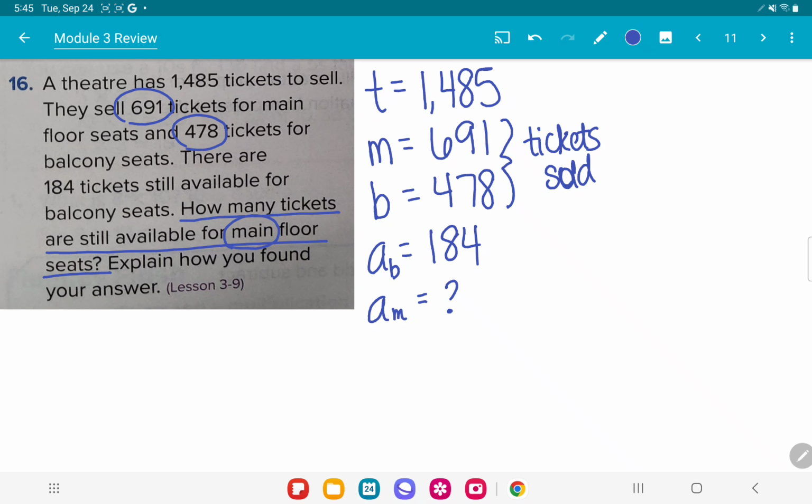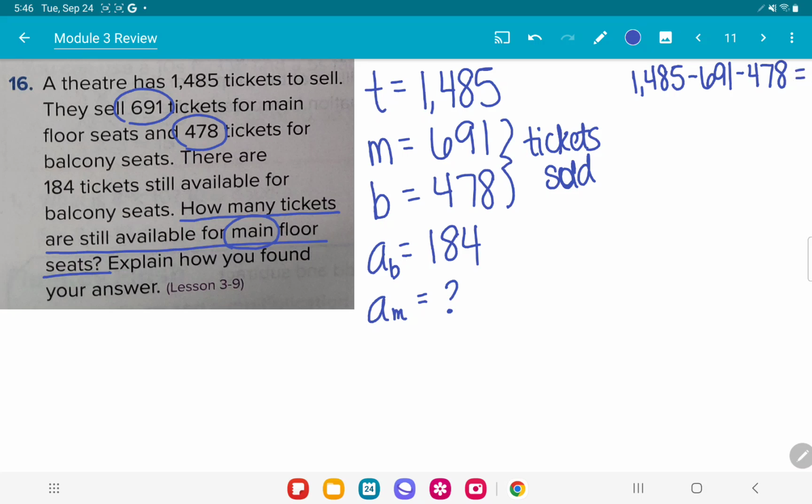So if I know the total amount of tickets to sell is 1,485. There have already been 691 tickets sold, and 478 tickets sold from the balcony.